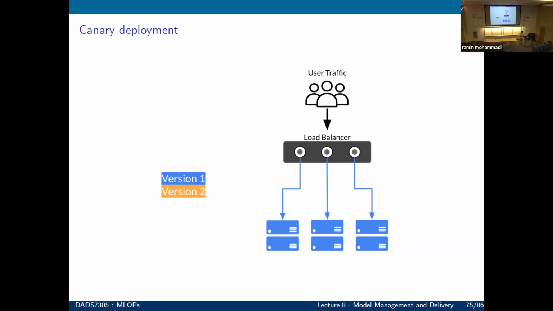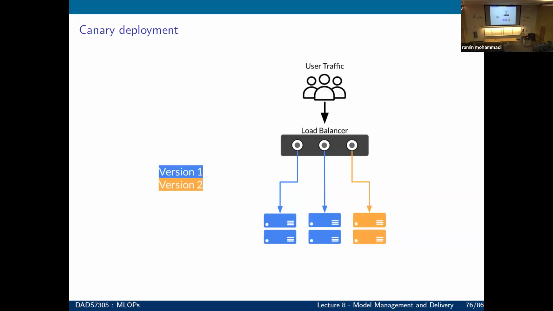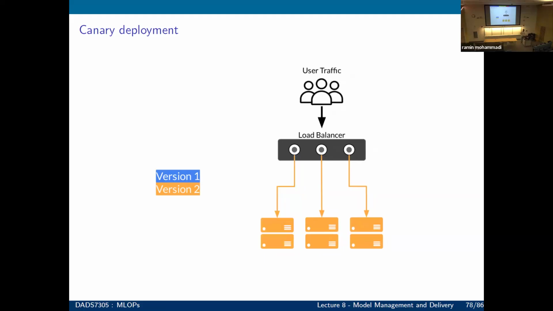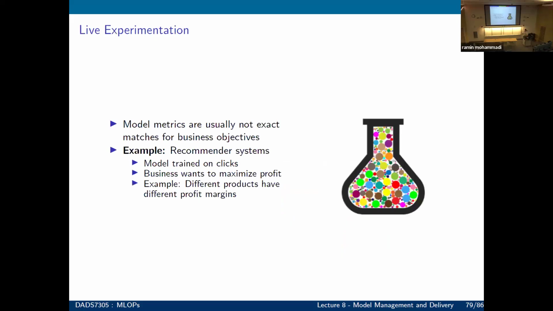If everything works, you start gradually increasing the traffic to the new model, and you just keep monitoring. If everything works fine, then the entire population will access the same version. So that's the idea of canary deployment.